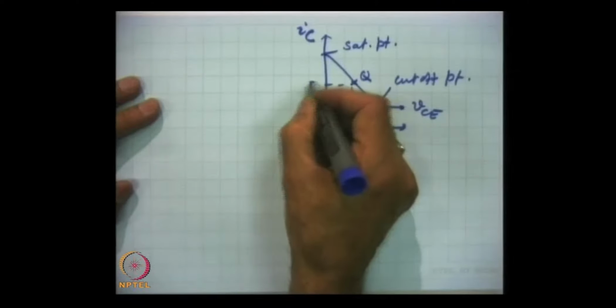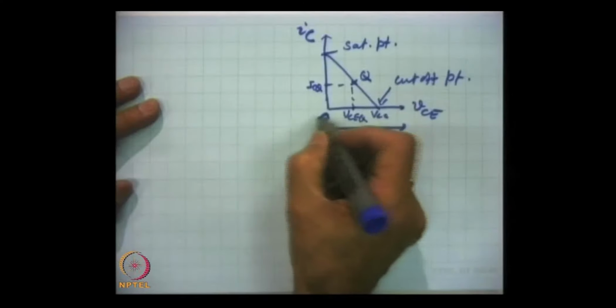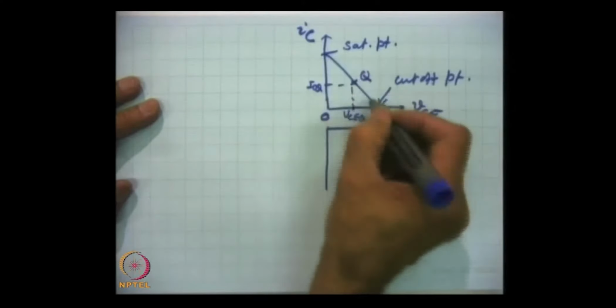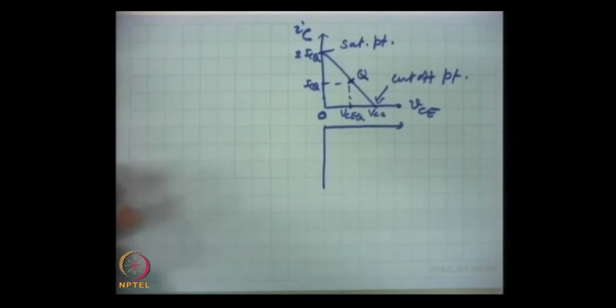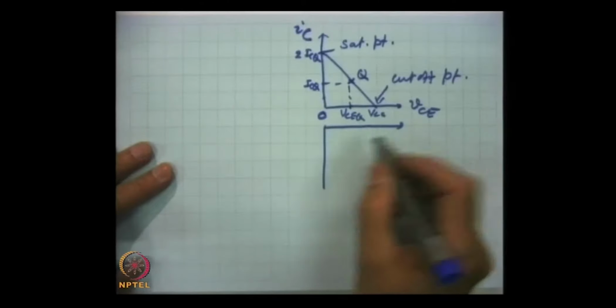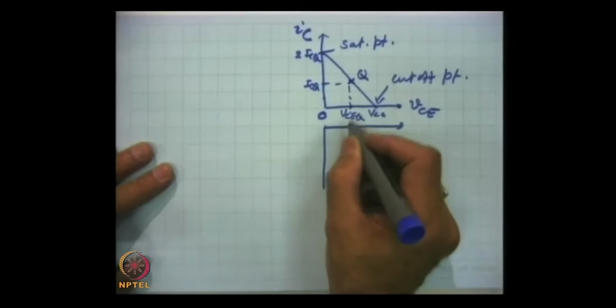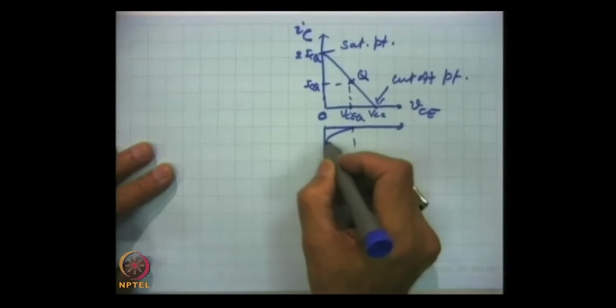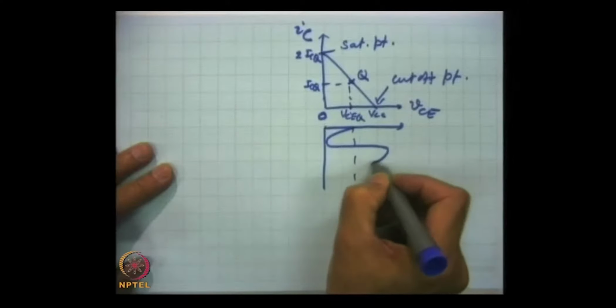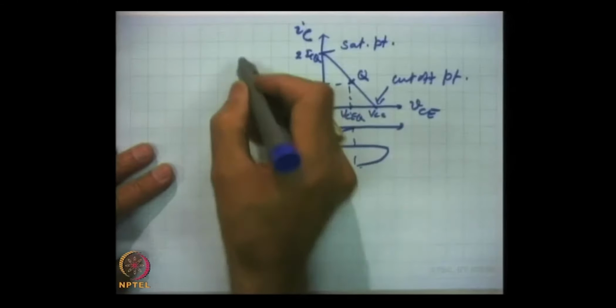Similarly, this is ICQ, so this point is 0, this is in the center, hence this becomes twice ICQ.